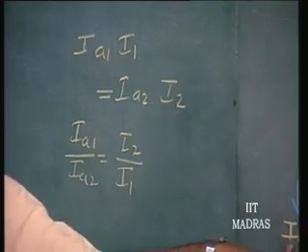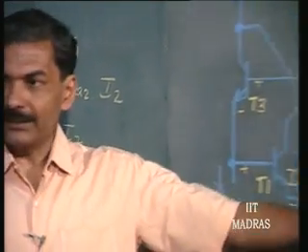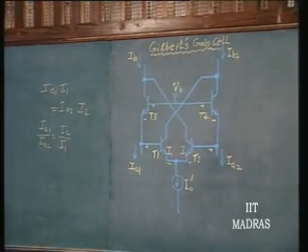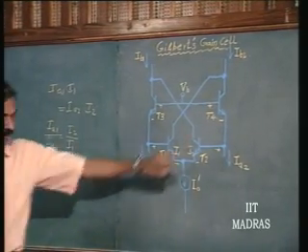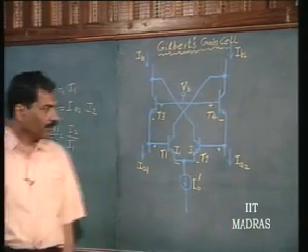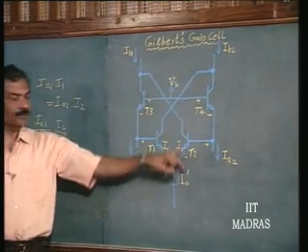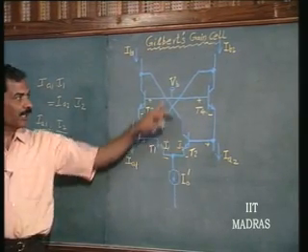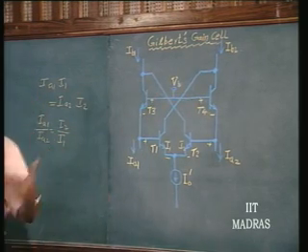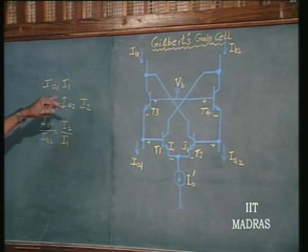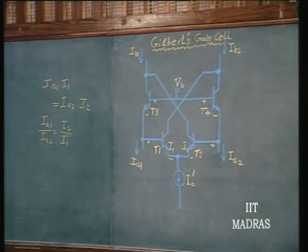IA1 divided by IA2, we will call these as input currents. The ratio of the input currents IA1 by IA2 will be equal to I2 by I1. I2 and I1 will form the part of output currents. So, the ratio of input current is exactly equal to ratio of the output current.